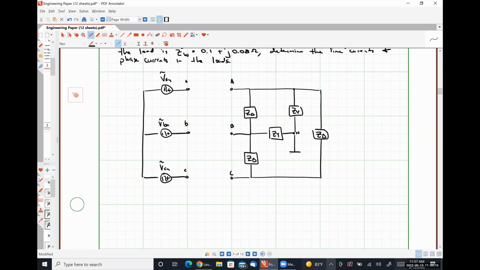And between C and neutral, I see ZY. So this is what a parallel connection of a delta load and a Y load will look like. I also have my transmission line impedances to concern myself with here. So just 3 instances of ZW.